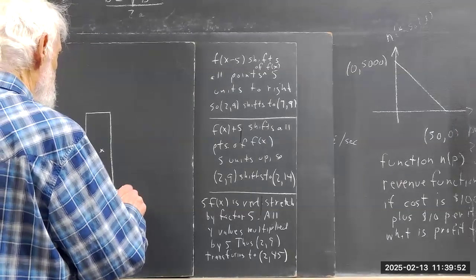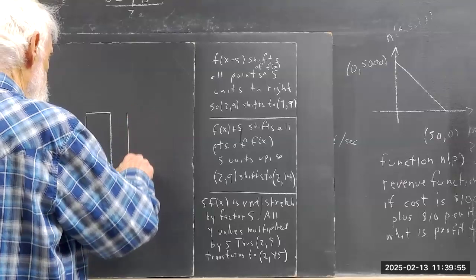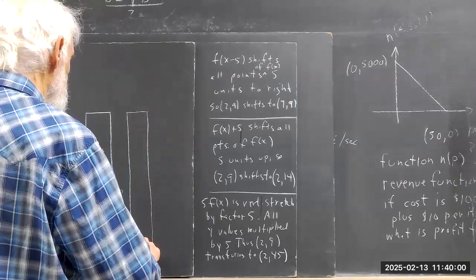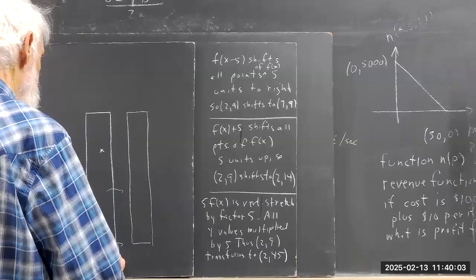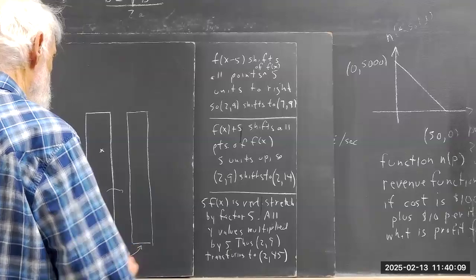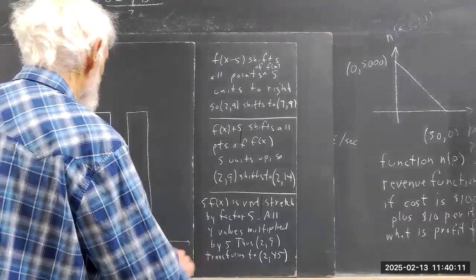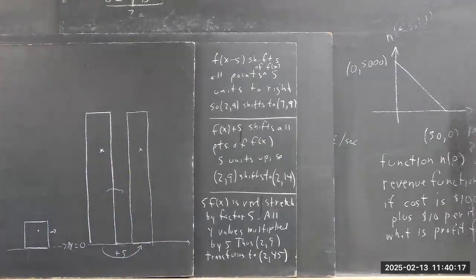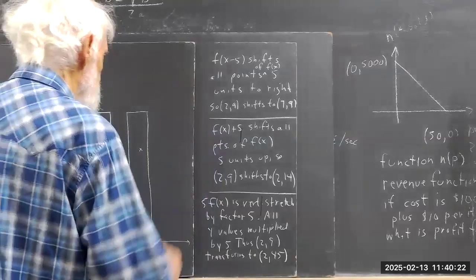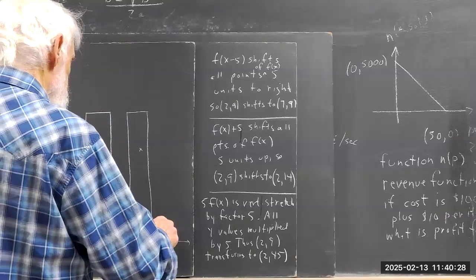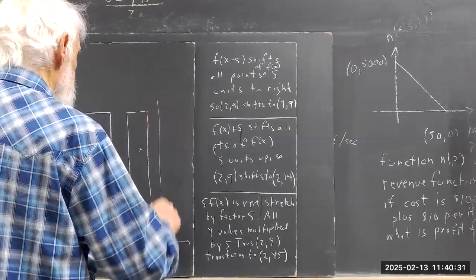Now we horizontally shifted by 5 units, the rectangle over 5 units. And the point is now here. And then we move it up 5 units. But this is just schematic, not to scale.